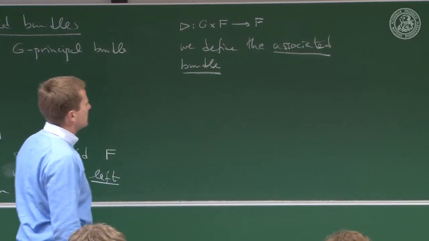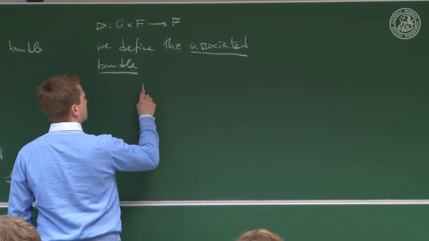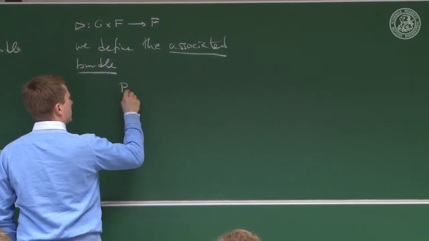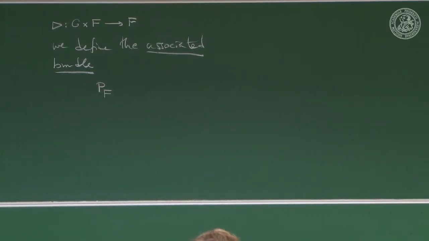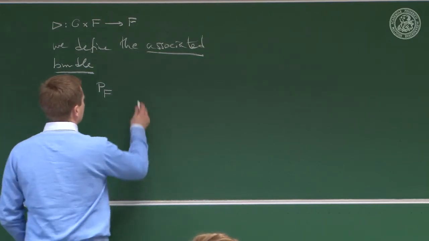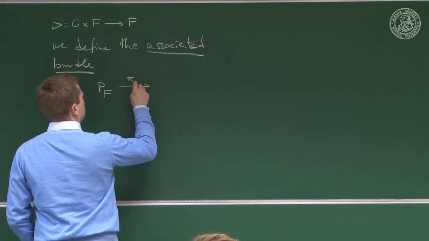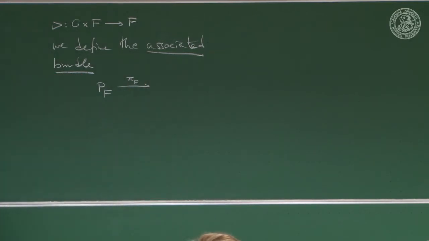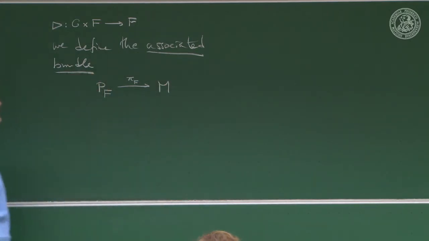This associated bundle, of course, needs a bundle space, and that will be called P_F, because it will be constructed from the F and the principal bundle. There will be a bundle map, which we also denote by π_F, just to show it's not the projection map here, and it goes down to the same base space. So the associated bundle will be a bundle over the same base space.